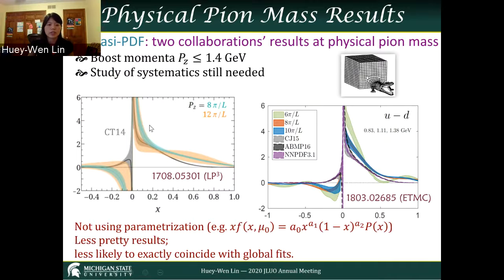We started having physical pion mass calculations in 2017, and ETMC also has one from 2018. In both of these, in the earlier stage, we were not really using any parameterization scheme, which, if you start to fit the data toward this form, you're going to come out with something very similar to the global PDF.